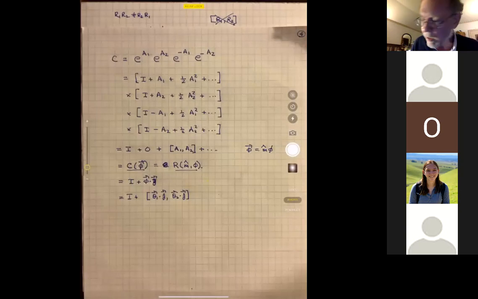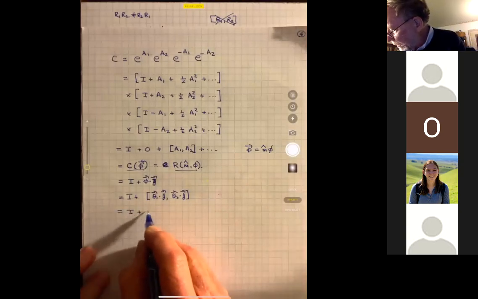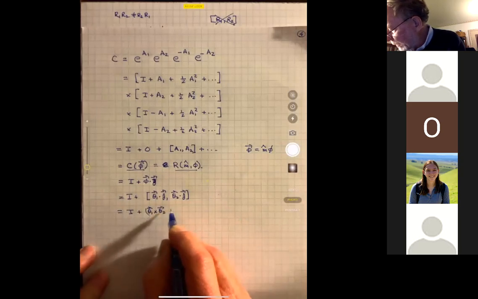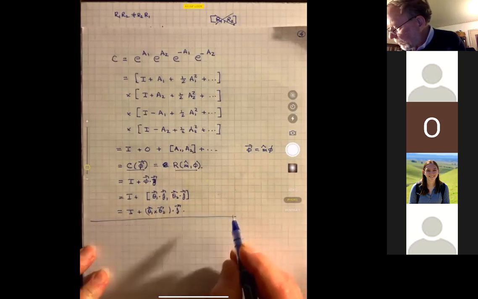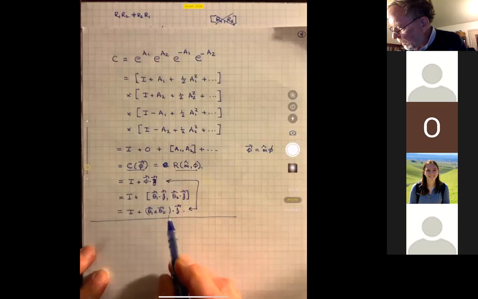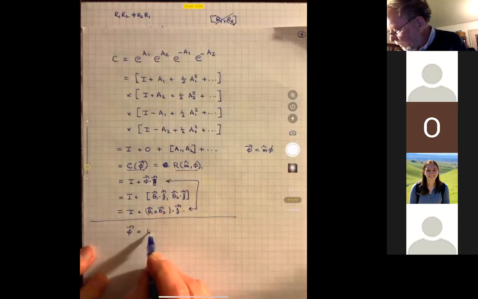So now we get to use the commutators of the J matrices, and this turns into I plus theta1 cross theta2 dotted into script J. Now comparing these two expressions, which have to be the same, you can see that the phi vector is equal to the cross product of the theta vectors.